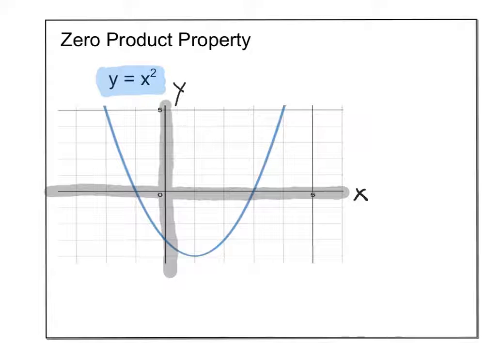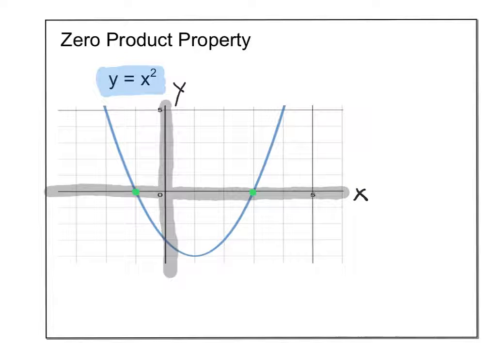And then you can see the parabola. Now, when we use the zero product property, the thing it's actually looking for is where the parabola crosses the x-axis. Those points are going to become more important as you get further into your math career. But for now, we're just going to get used to finding them.